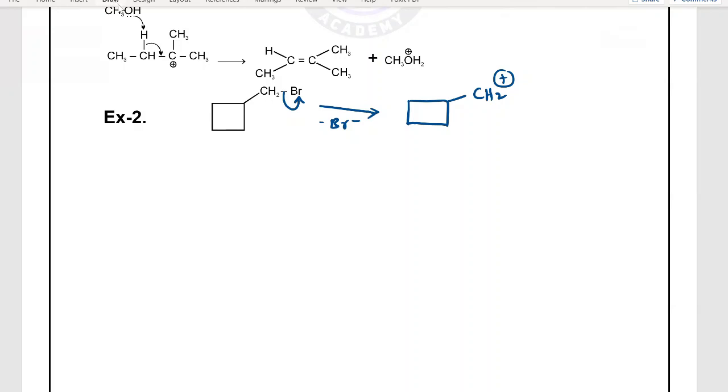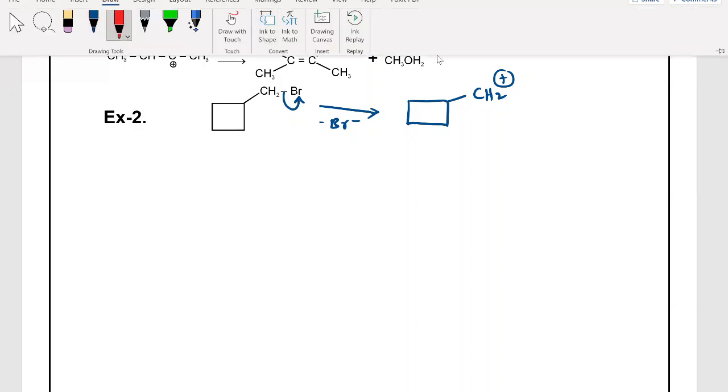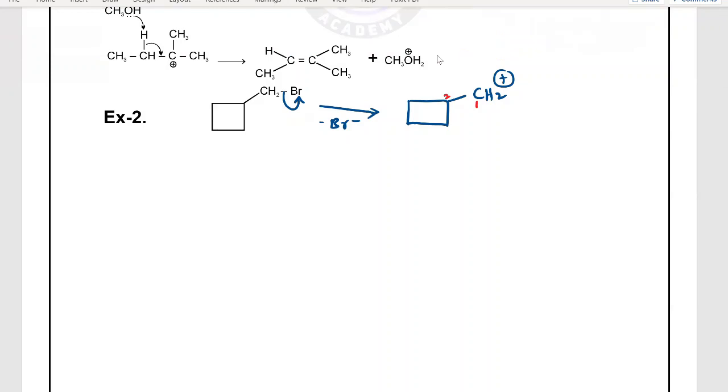Whenever you are dealing with ring expansion, remember one thing: 1, 2, 3, 4, and 5. You just give labeling. It is not an IUPAC numbering. And in between 2, 3 and 2, 5, these bonds are parallel. If the electrons of this bond are taken up by the third carbon, the third carbon will get negative charge and the second carbon will get positive charge.